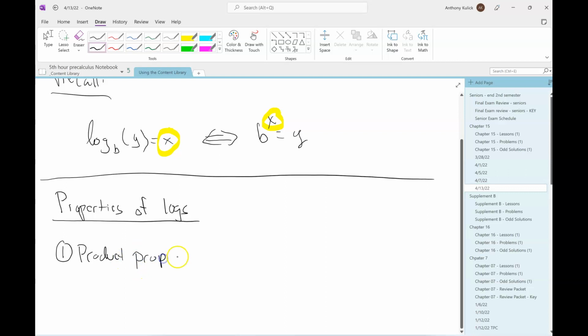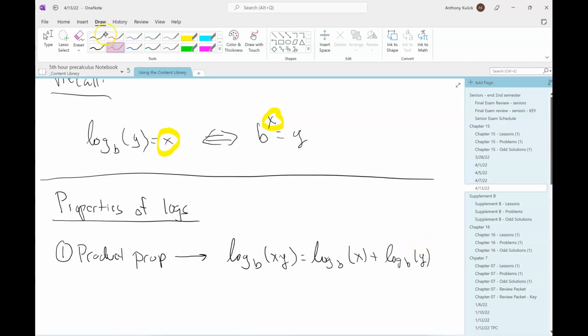So the first one is called the product property. That says log base b of x times y is equal to log base b of x plus log base b of y. And now that looks a little strange, right?